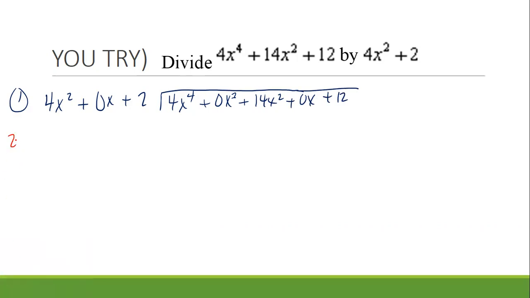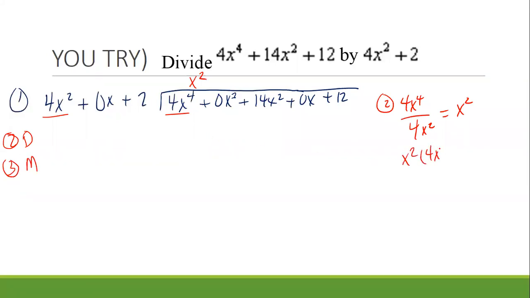Then I'm going to start with dividing. 4x to the 4th divided by 4x squared equals x squared. Then I'm going to multiply: x squared times 4x squared plus 0x plus 2 gives me 4x to the 4th plus 0x to the 3rd plus 2x squared.